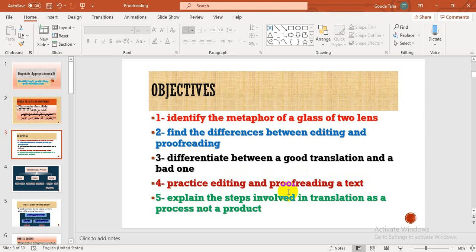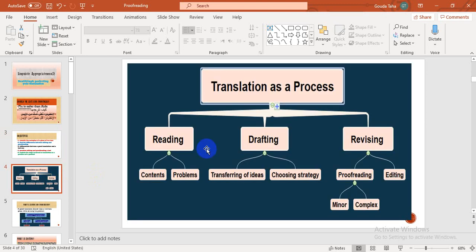And also we need to find out the steps that we go into while we translate from English into Arabic or from Arabic into English. So a translation process could be summed up in 3 processes. Number 1, reading. 2, drafting. 3, revising.